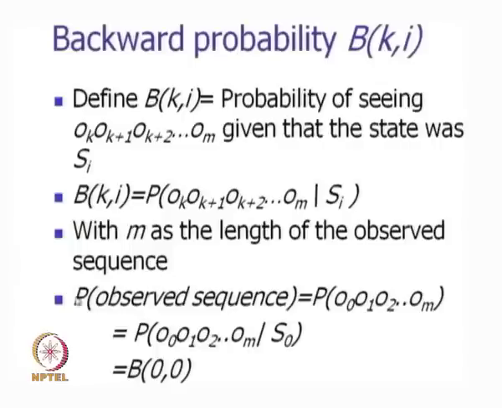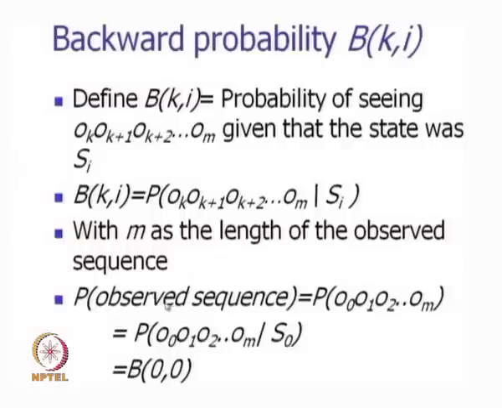So, P of the observed sequence can surely be written as P(O0, O1, O2 up to Om), which is equal to P(O0, O1, O2 up to Om) given that the state was S0, which is always true, and that can be written simply as B 0 0. So, we take the probability of observing O0 to Om, given that the starting state was S0, which simply is B 0 0.